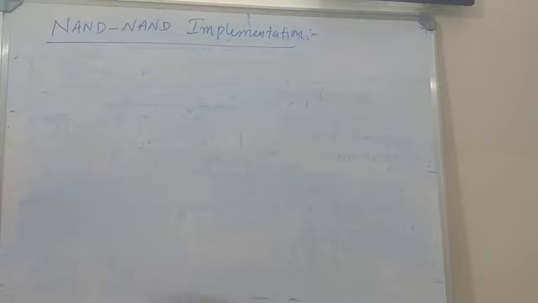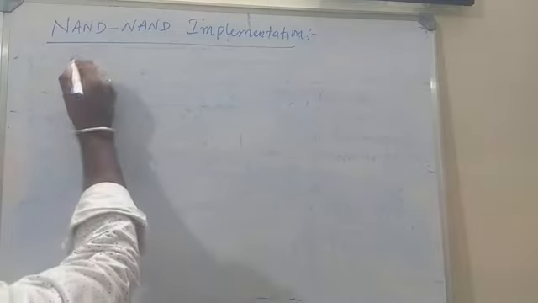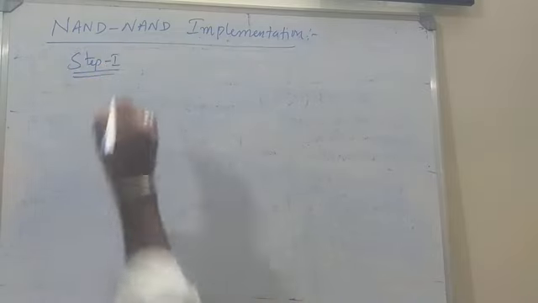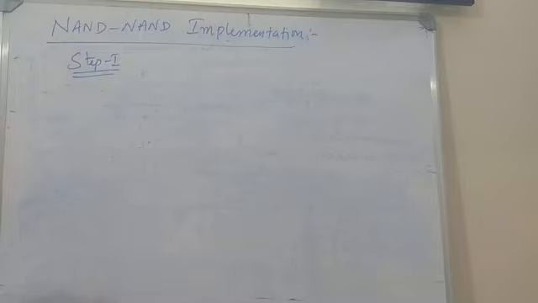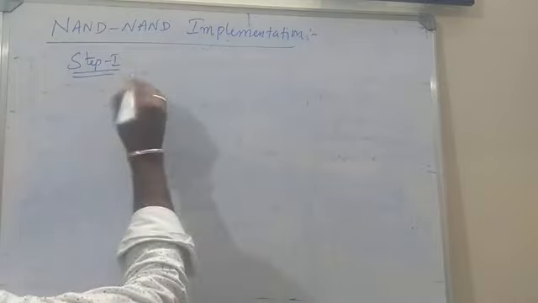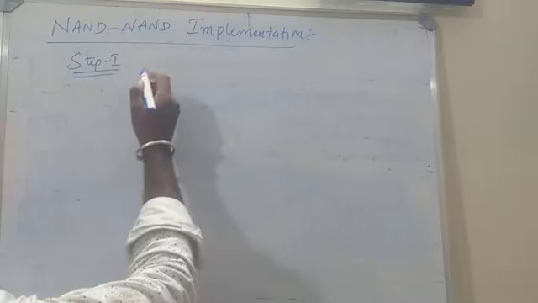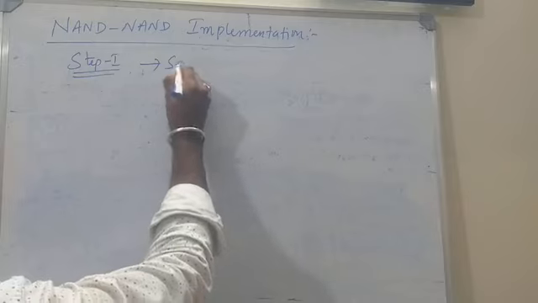It consists of four steps. Step number one: simplify the given logical expression and convert it into SOP form. Whatever logical expression they give, just simplify and convert it into SOP form.